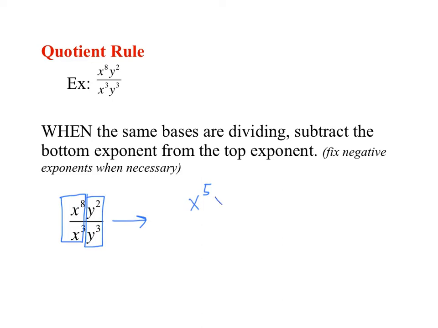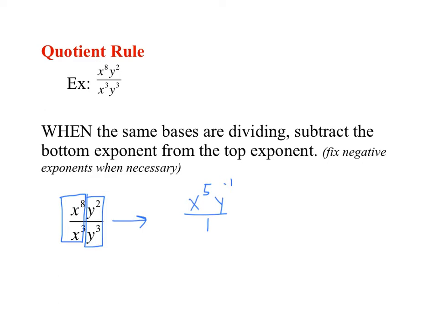I'll have y, 2 minus 3 is actually negative 1. And at the moment, all I've got is 1 in the denominator because, again, the rule actually brings all the y's to the top, all the x's to the top. At this point, though, I notice, uh-oh, that y is not simplified because the power is negative.